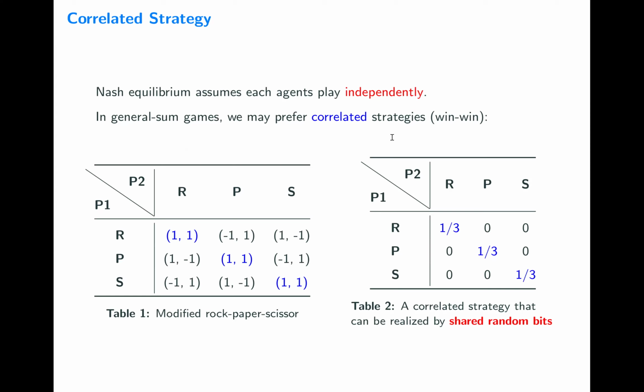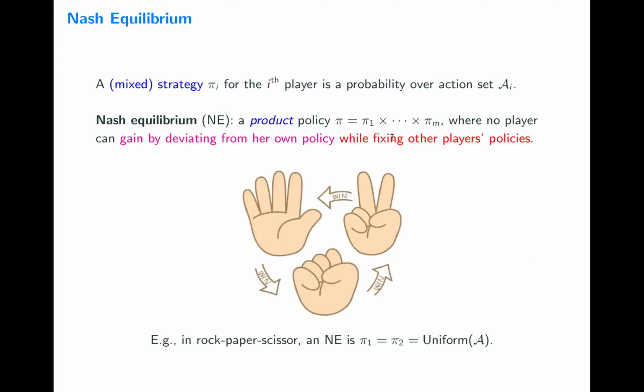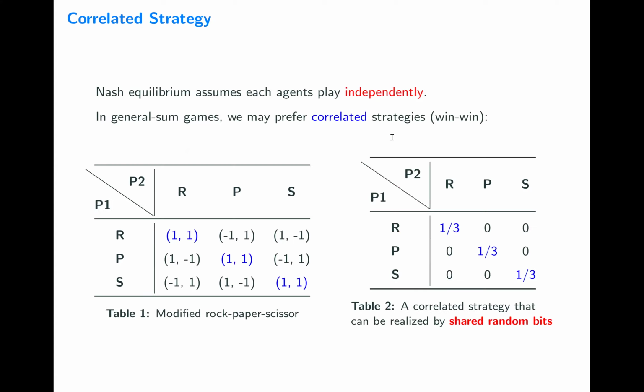Yeah, I think your question is very good. Basically, a product policy has this property: conditional on one player's action, the other player's distribution is the same no matter what the first player's action is. While for a correlated policy, conditional on one player's action, the other player's probability would actually change. So this is one characteristic of the correlated policy: the probability distributions are correlated, and depend on the other player's action, while the product policy is independent.